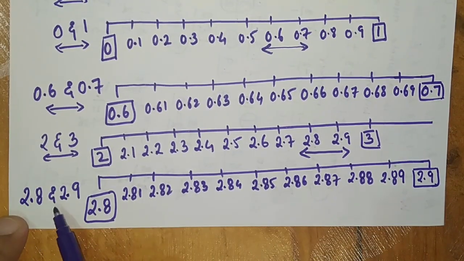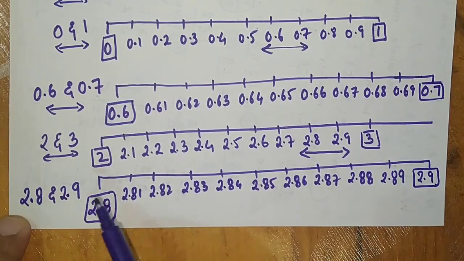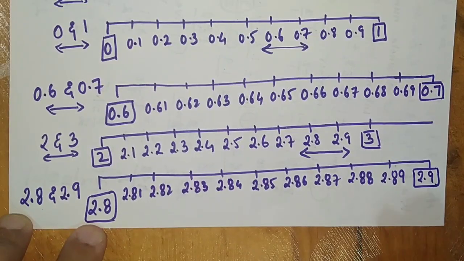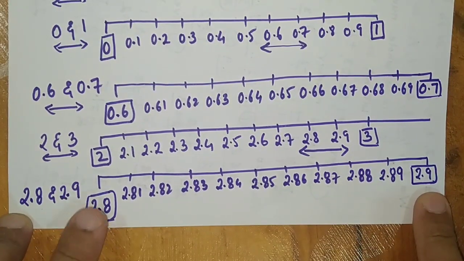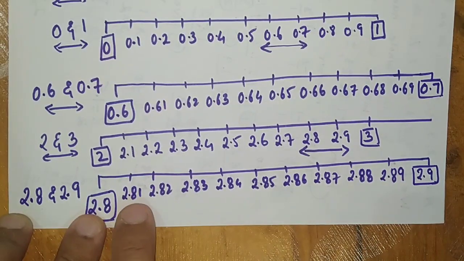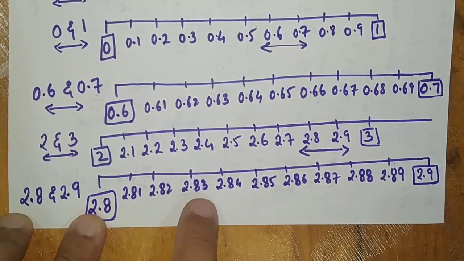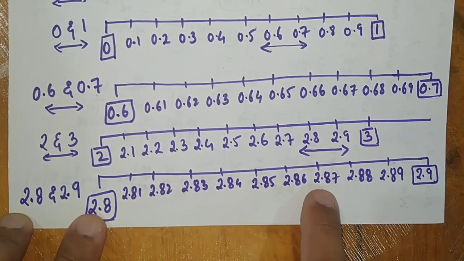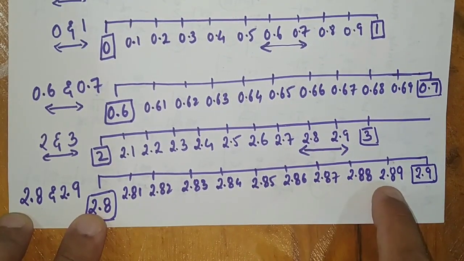Between 2.8 and 2.9 you will find 2.81, 2.82, 2.83, 2.84, 2.85, 2.86, 2.87, 2.88, 2.89.